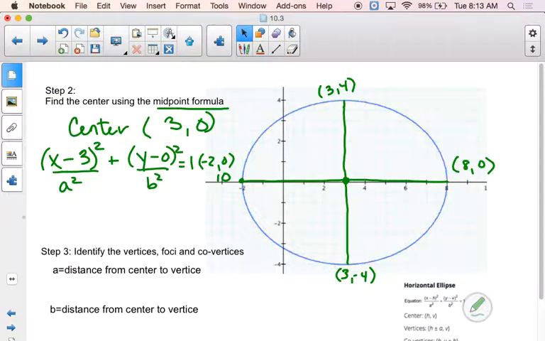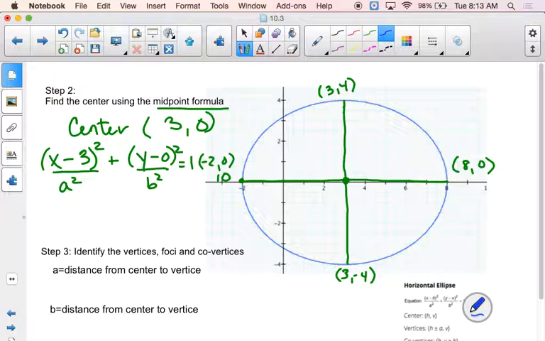Okay, well, a is just the distance from the center to the vertex on the major. Since this is my major, I can count: 1, 2, 3, 4, 5. So a is equal to 5.